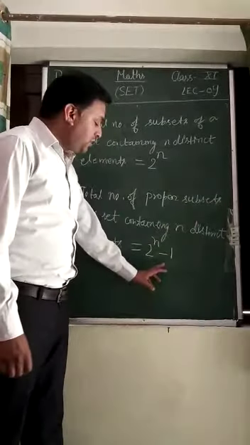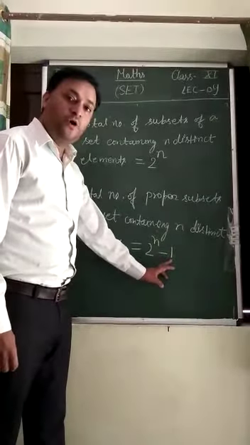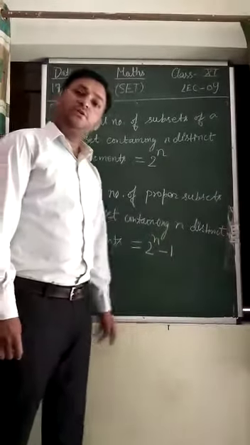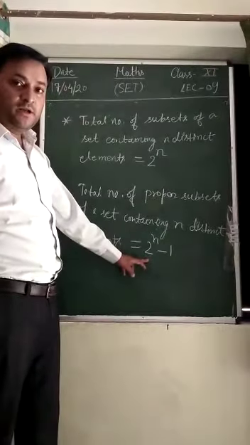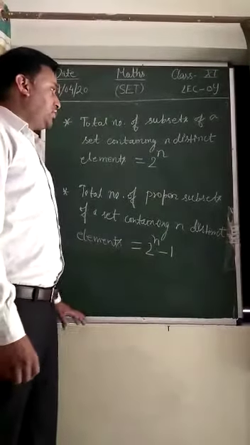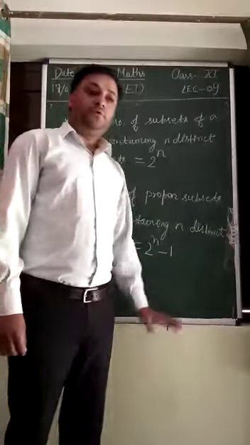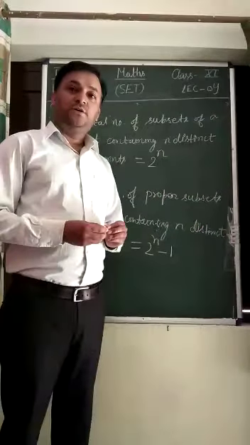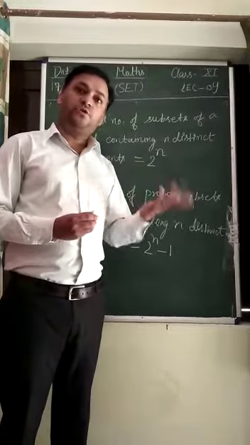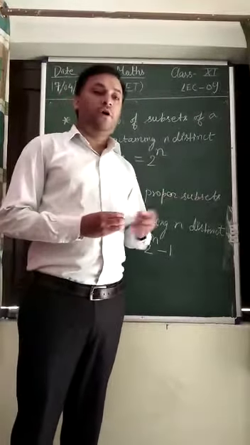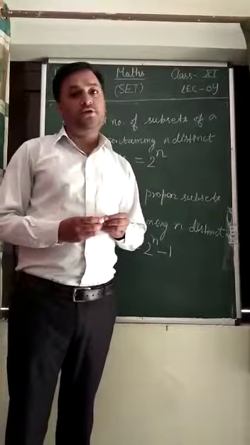We reduce one set from the total subsets. So this is the formula for the total number of proper subsets, students. Every time, if you have the number of subsets and you have to find the total number of proper subsets, you subtract 1 from the total number of subsets.